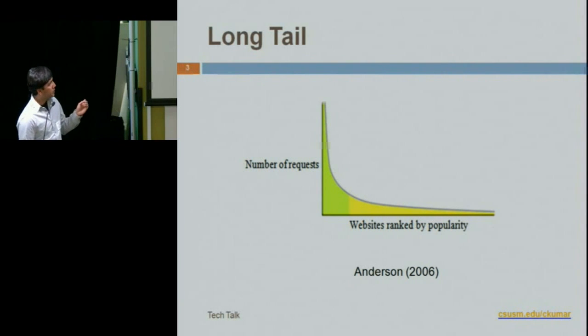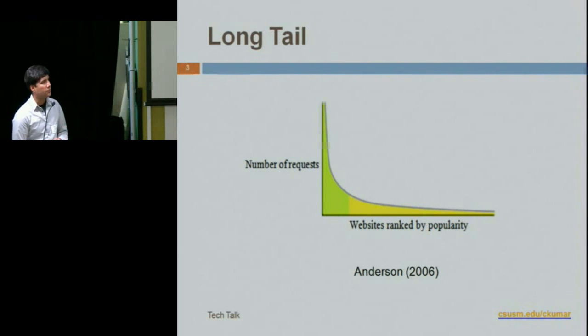Now, the concept of long tail was popularized by Chris Anderson, who built upon an earlier study by Brynjolfsson. And past studies have demonstrated long tail behavior for online product sales, such as books, CDs, movies being sold at Amazon or Netflix for movie viewing. For our study, we wanted to step back at a higher level of abstraction and demonstrate if this long tail behavior exists for online objects requested, basically websites requested.